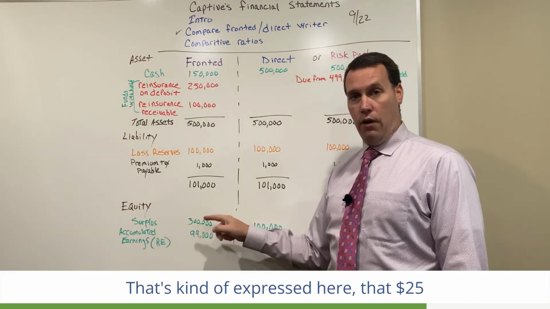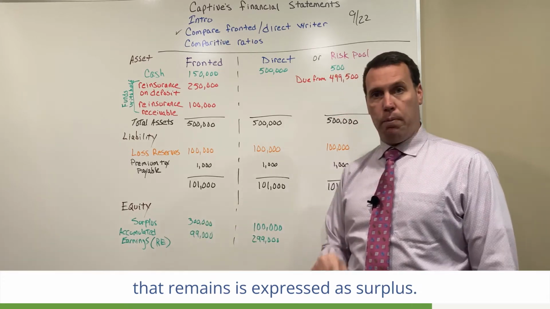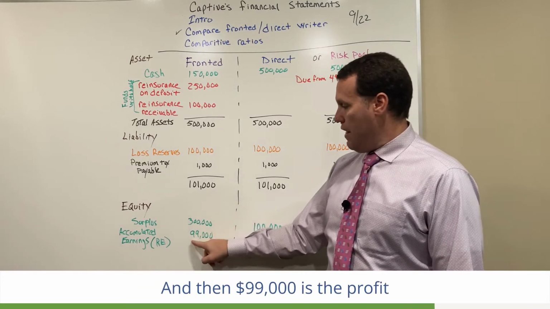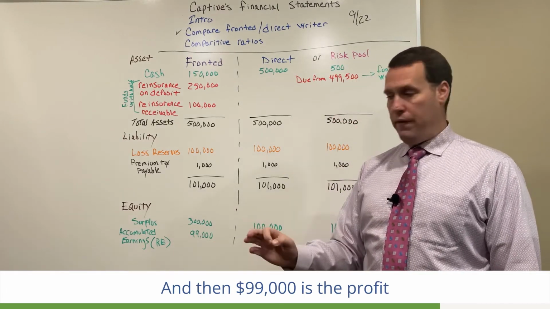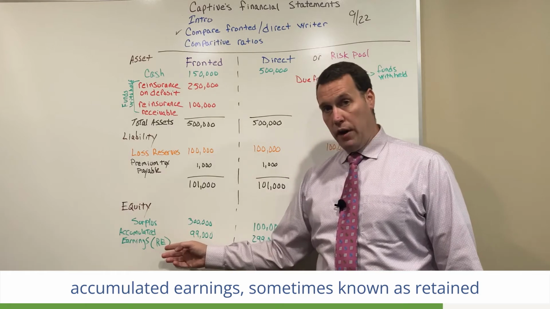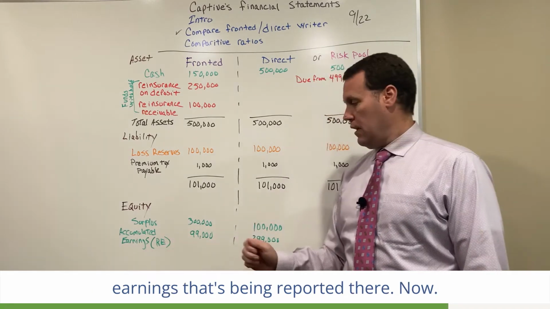That's kind of expressed here. That $25 that remains is expressed as surplus. And then $99,000 is the profit, accumulated earnings, sometimes known as retained earnings.